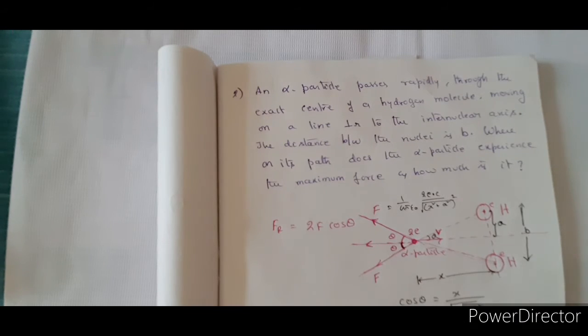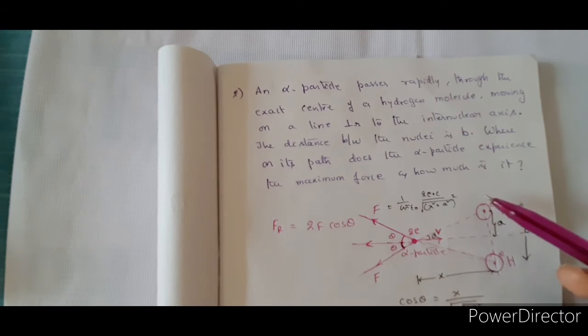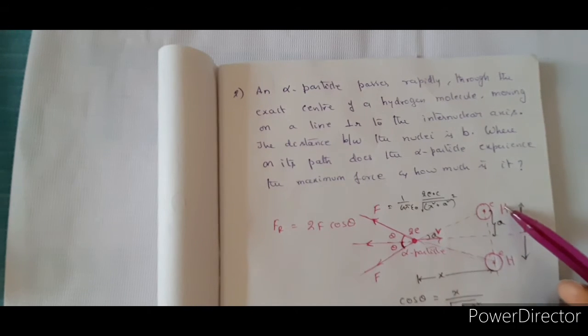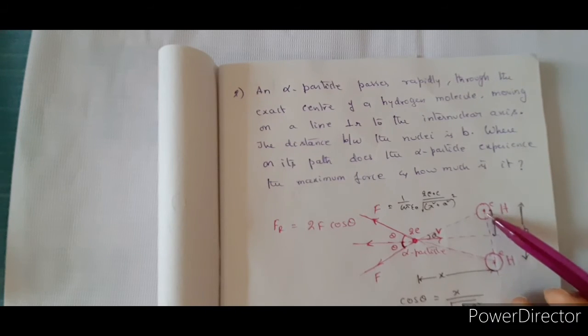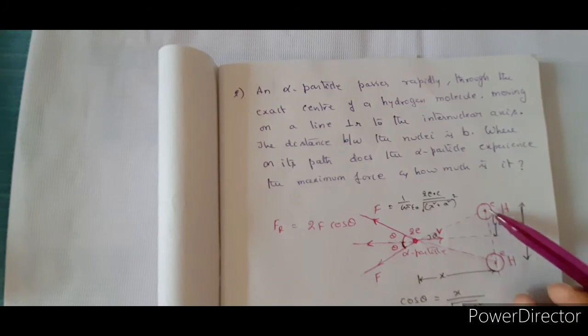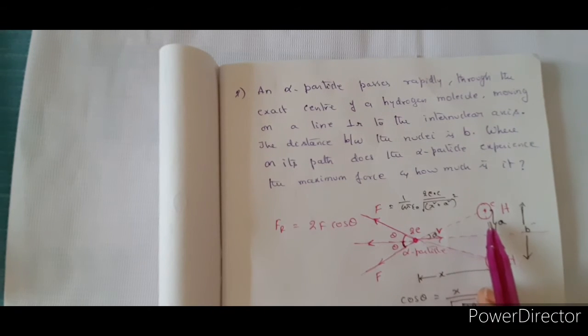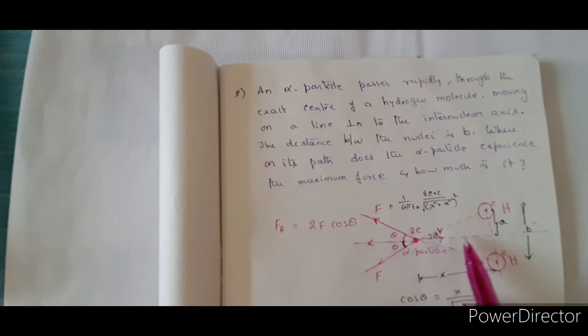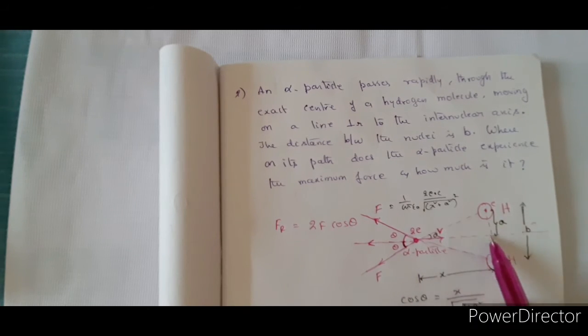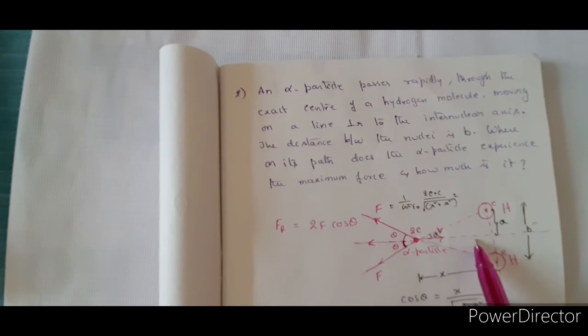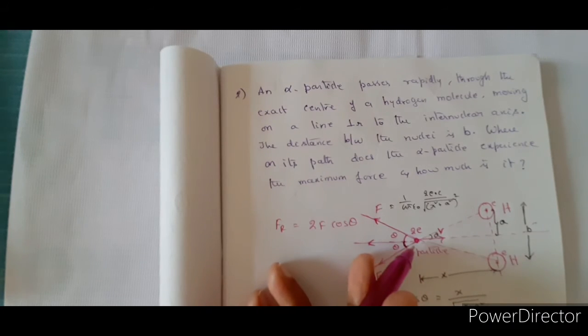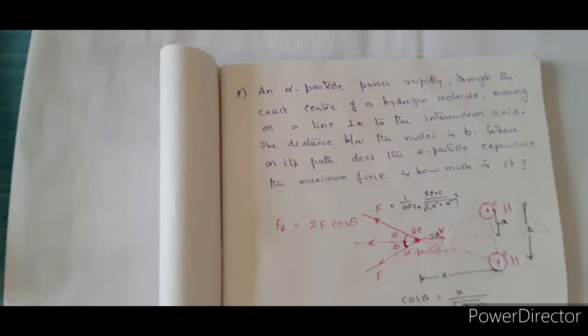Right? Fantastic. So now here you have hydrogen molecule, means 2H. So 1H is here, 1H is here. Let us suppose that the internuclear spacing is B. Let us imagine it. Now you take the internuclear axis, and an alpha particle is projected perpendicular to that axis, to make it move towards the molecule.